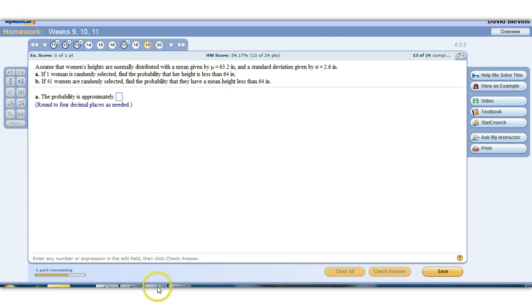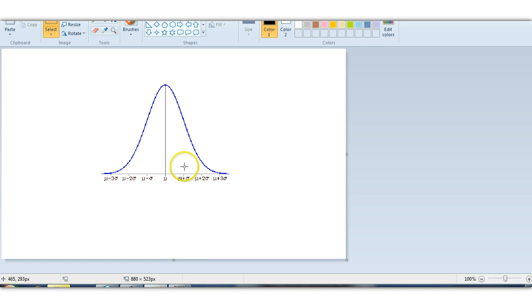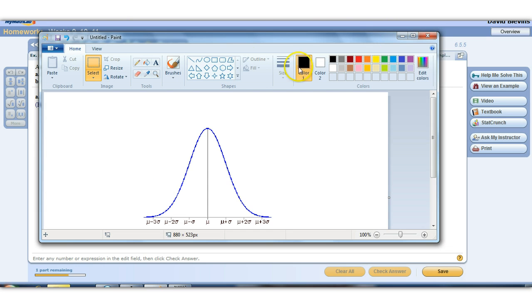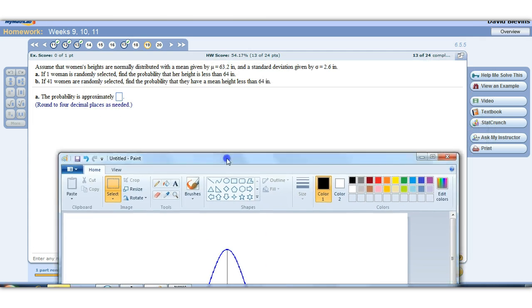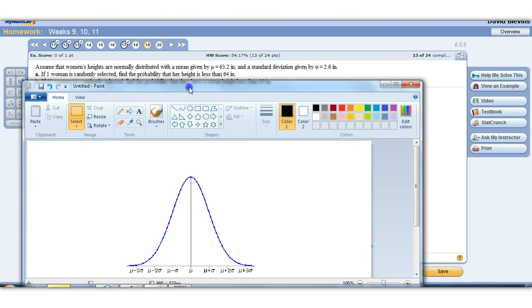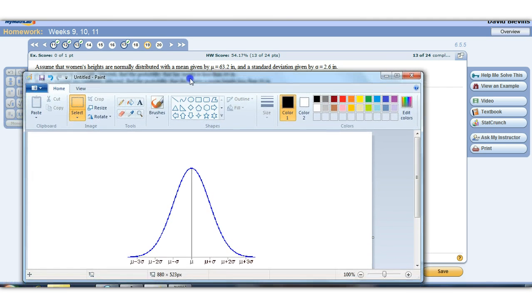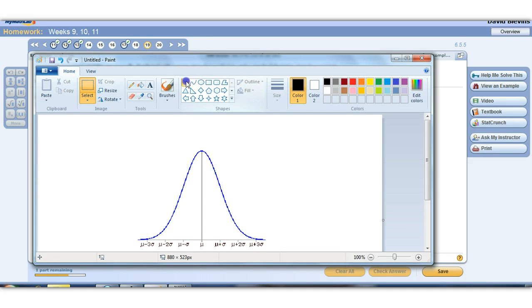Alright, now this is a little drawing here. If I were to shrink this down a little bit so I can bring it in here, if I were to put in this information on here, less than 64 inches, I'm going to draw this over to this side.